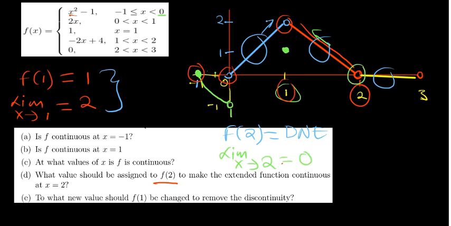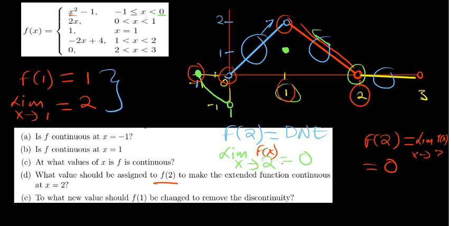If we want the function to be continuous at that point, then f of 2 should also become equivalent to the limit of the function as x approaches 2, which is 0.